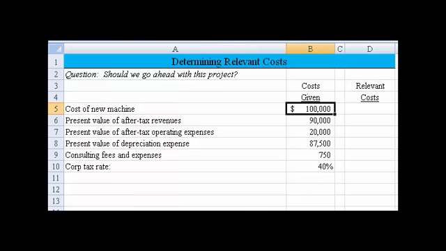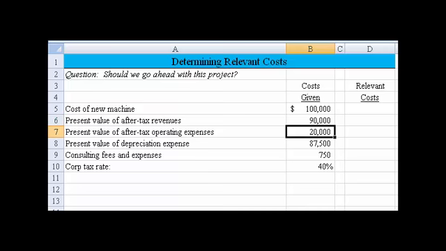We've got a cost of new machine of $100,000, and we think once we have this machine, we're going to sell some products that require the machine on an incremental basis, and that will generate after-tax revenues of $90,000.